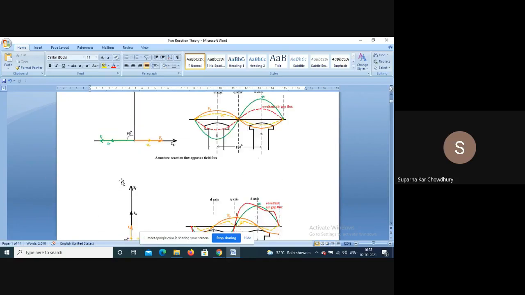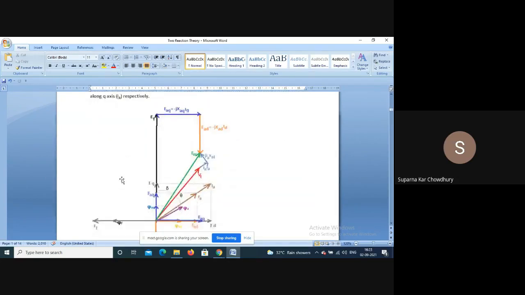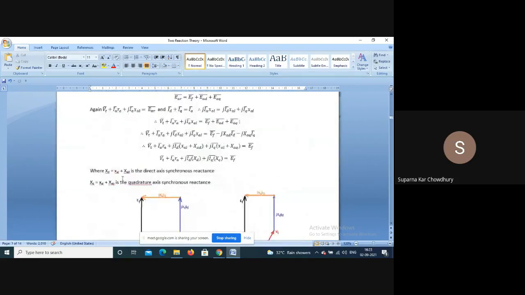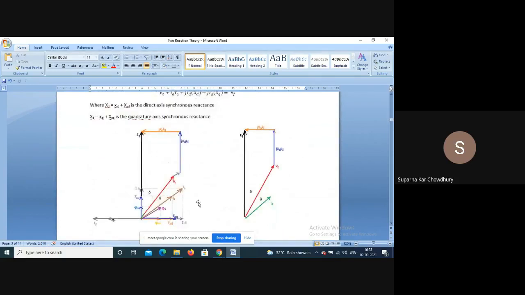But in this case, that is for the salient pole machine, it is not possible to draw the phasor diagram with the measurable data. That is because what is measurable here is Vt, current Ia, the angle theta. Ra is measurable, so IaRa is known. Xd and Xq are measurable, we can determine them in the laboratory.